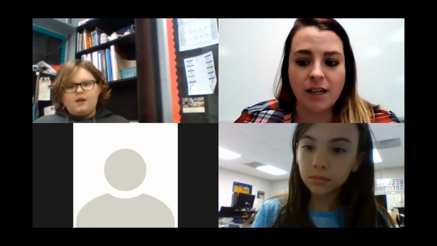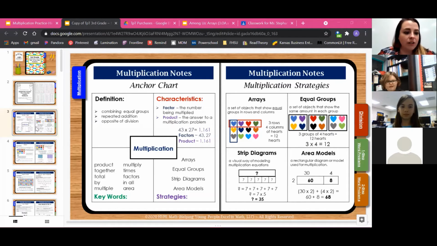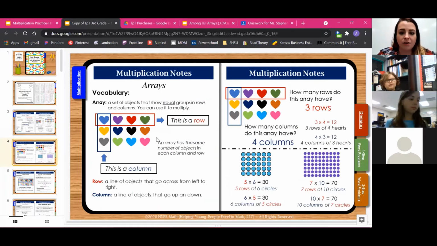Okay. I'm going to go back to sharing my screen and we're going to go back to taking notes, okay? So now we are going to break it down a little bit more. We're going to look at arrays. So here's the vocabulary. An array is a set of objects that show equal groups in rows and columns. You can use it to multiply.